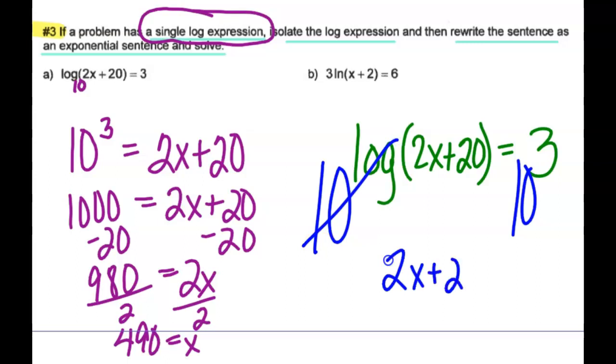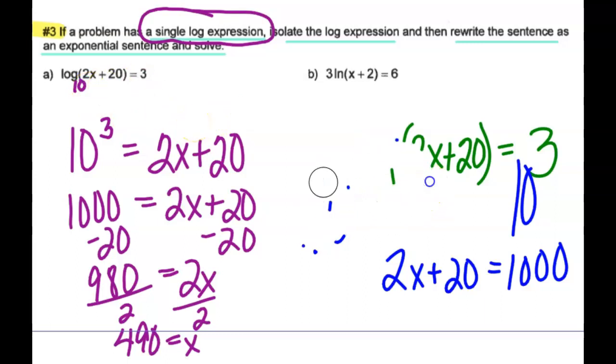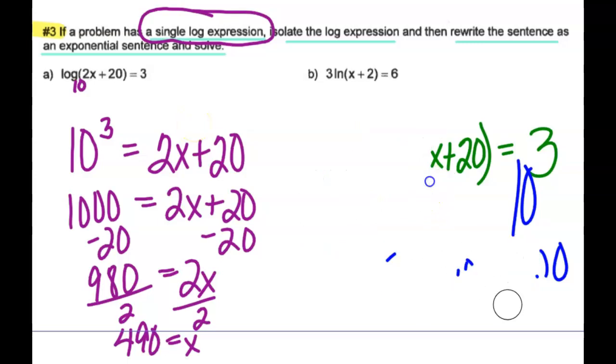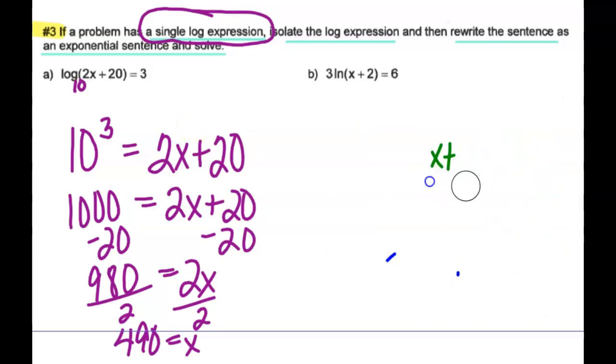And you have 2x plus 20 equals 10 to the third, which is 1,000, okay? It's the same thing that I did, but I tried to make sense of it that we're rewriting from an exponent. This feels like magic to me. And it's okay to do it that way. But it's really the same thing I'm doing. Does everybody see that? Okay. I don't want you to think I'm trying to make it harder. I'm just trying to make you understand why it works.